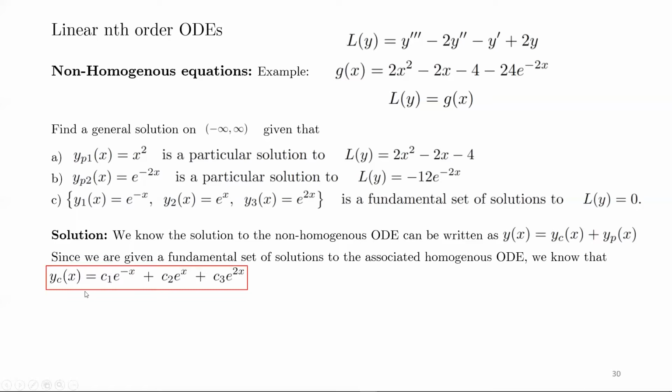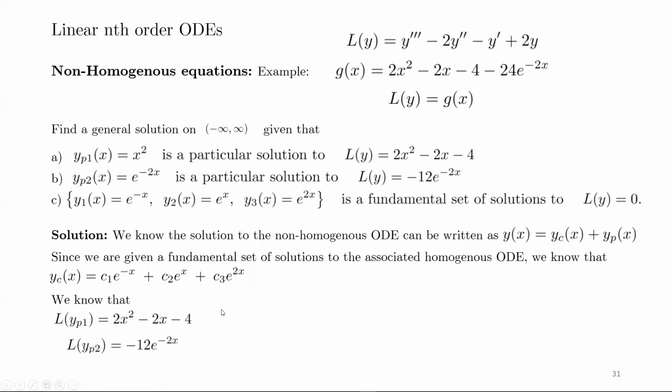So in other words, yc is equal to c1 e to the minus x plus c2 e to the x plus c3 e to the 2x. Okay, so we know that because we are told that this is a fundamental set of solutions to the associated homogeneous ODE.